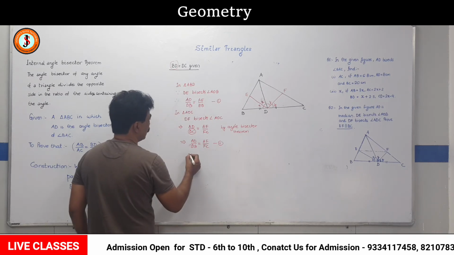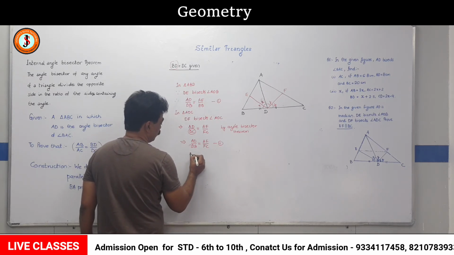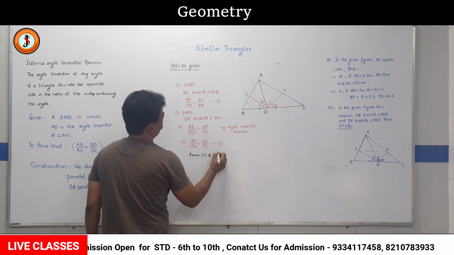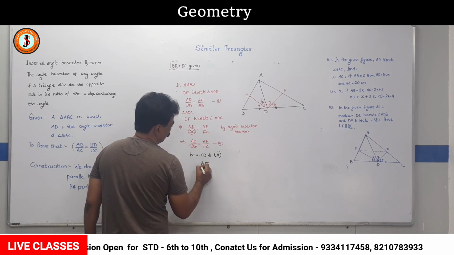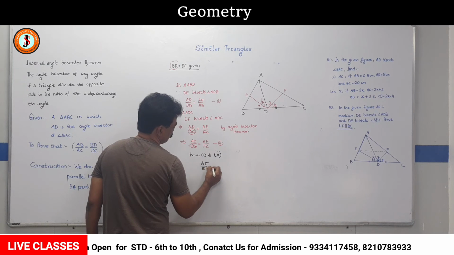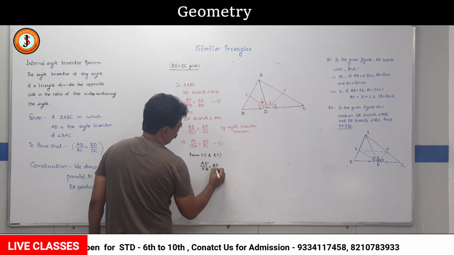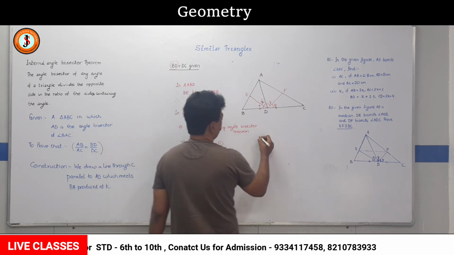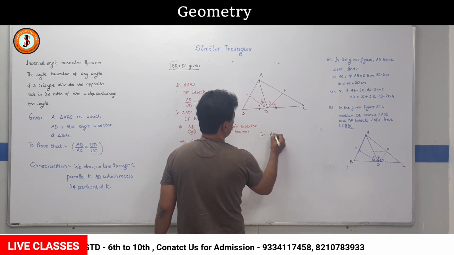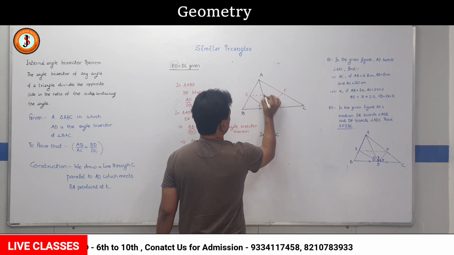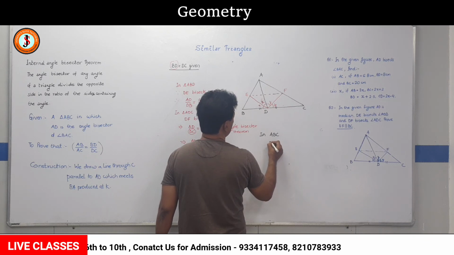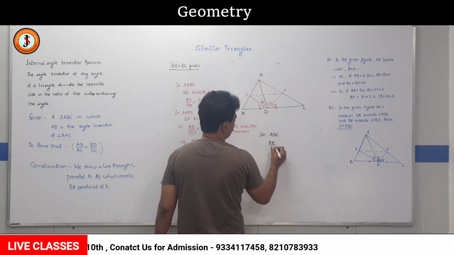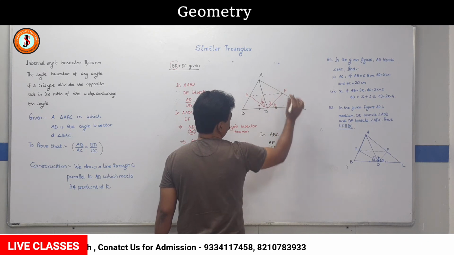So this implies that from 1 and 2, AE by EB is equal to AF by FC. So what is happening now in the larger triangle? In triangle ABC, now I will join this. AE by EB is equal to AF by FC.